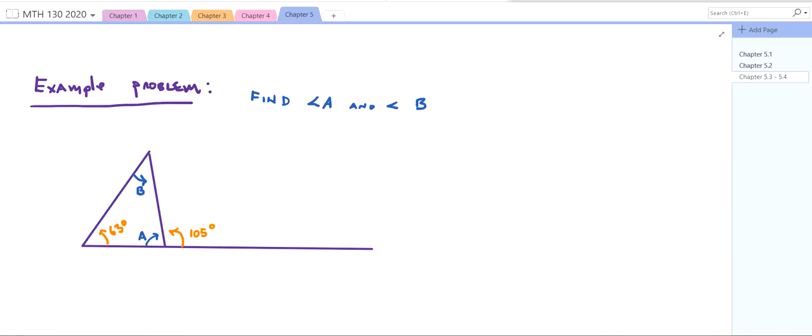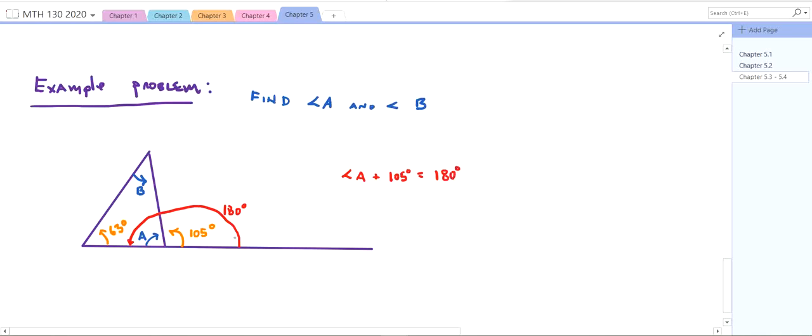Well, from the previous chapter, we know that a straight line is like halfway around a circle, or 180 degrees. So in order to find angle A, we know that angle A plus 105 degrees equals 180 degrees.